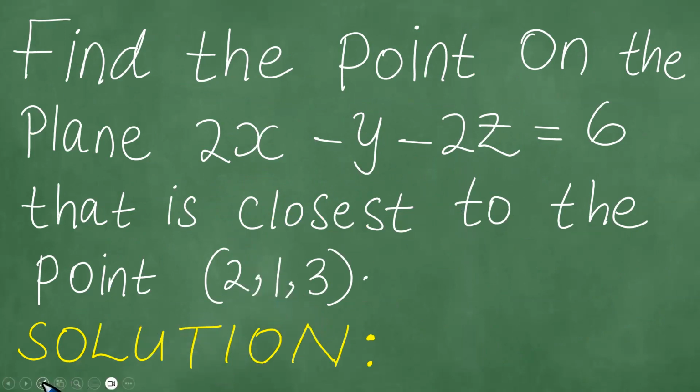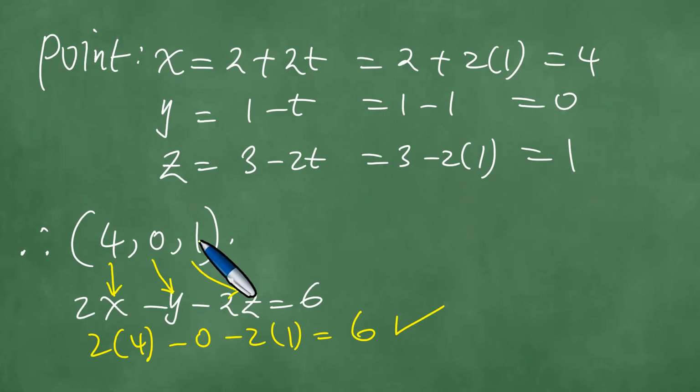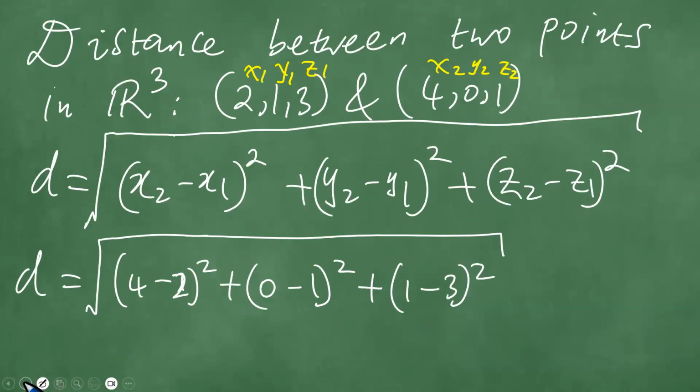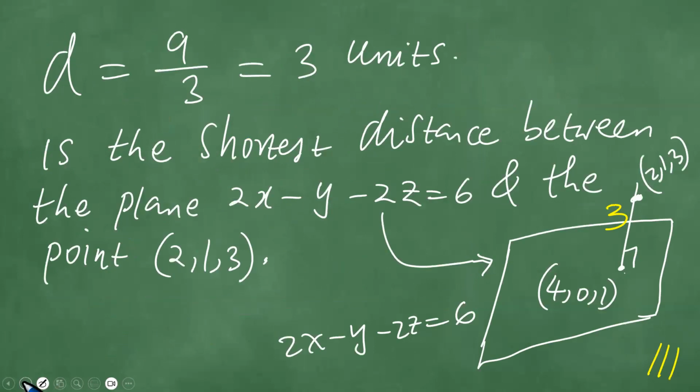Hence, the point is 4, 0, 1. Why is it closest? Well, because it is the perpendicular distance. This point is joined to the point 2, 1, 3 by a perpendicular distance.